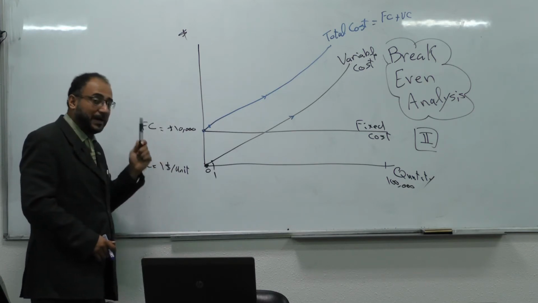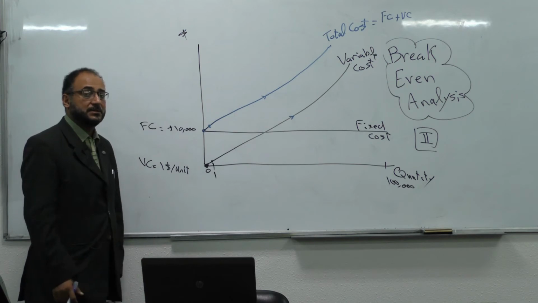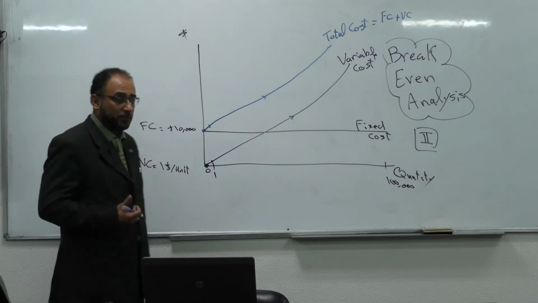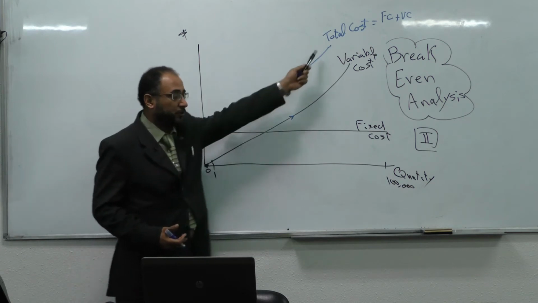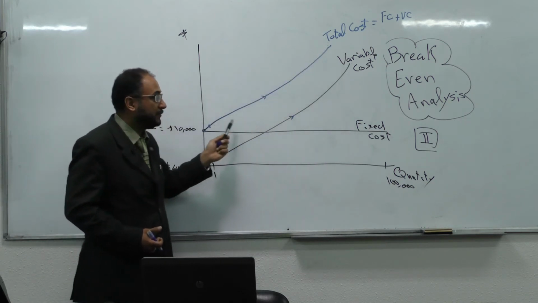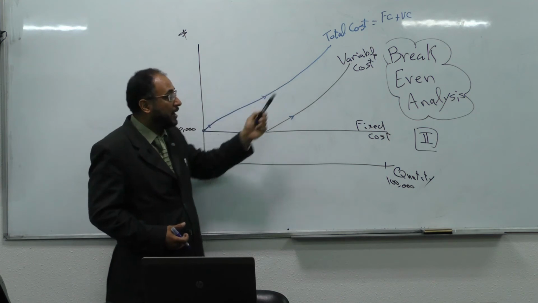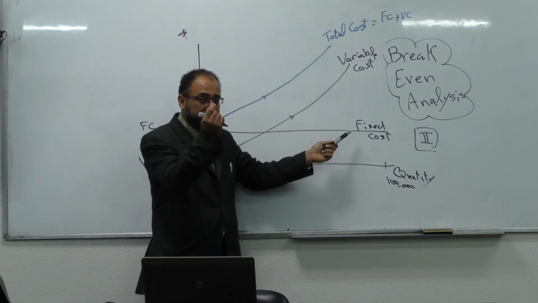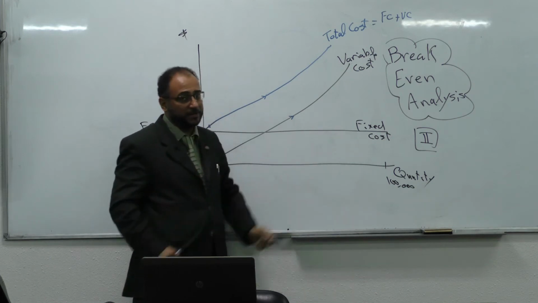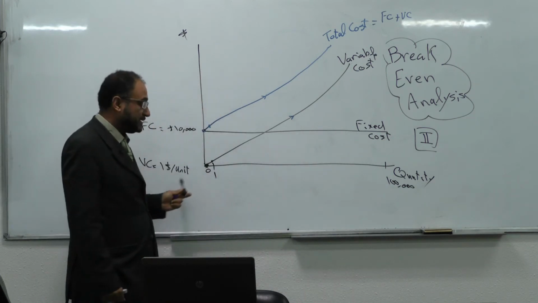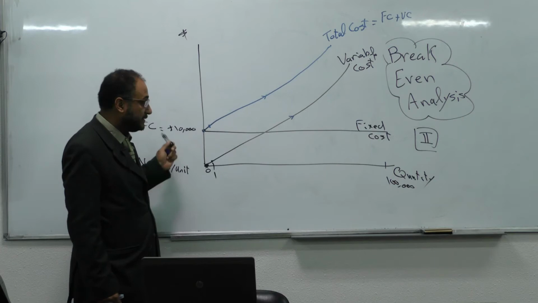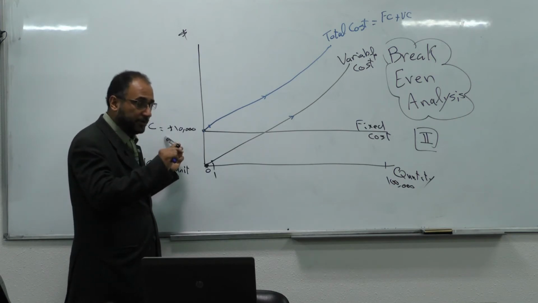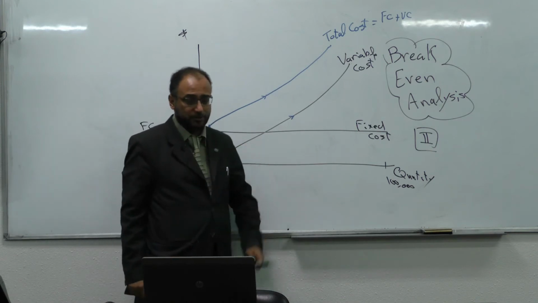So we talk about $110,000 as a total cost. So what is the benefit for the organization? It is to produce more. Because if you are producing more, you are minimizing the share of the fixed cost for each item produced. This one is stable, but this one is decreasing according to the larger number of units you are producing.